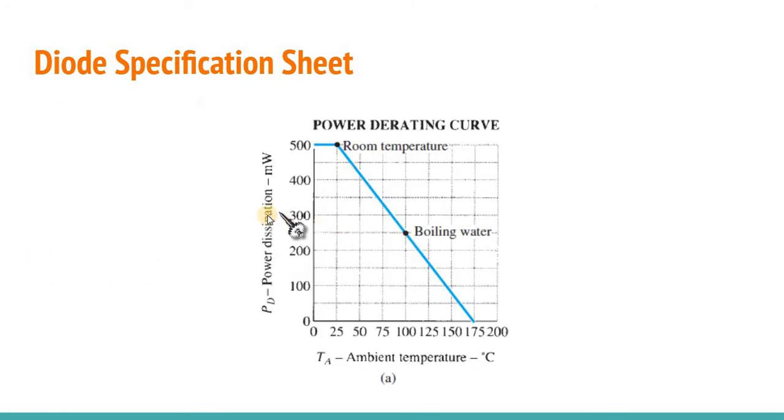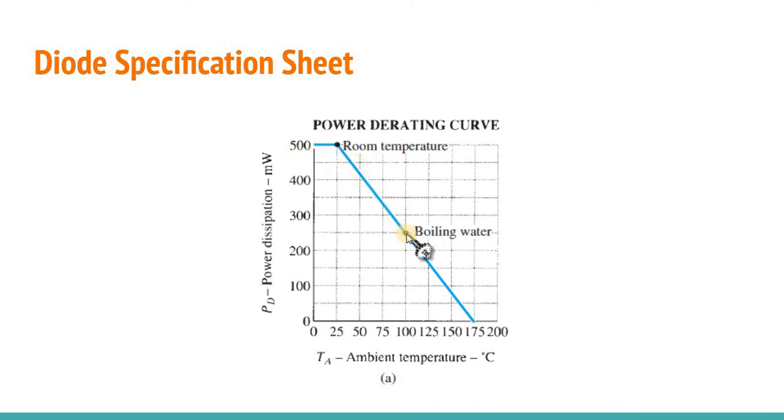Okay, if you look here in the graph, power dissipation is in milliwatts, and then ambient temperature is in degrees Celsius, degree centigrade. Okay, so based sa test or sa data sheet, at 25 degrees Celsius, ang power dissipation is 500 milliwatts.